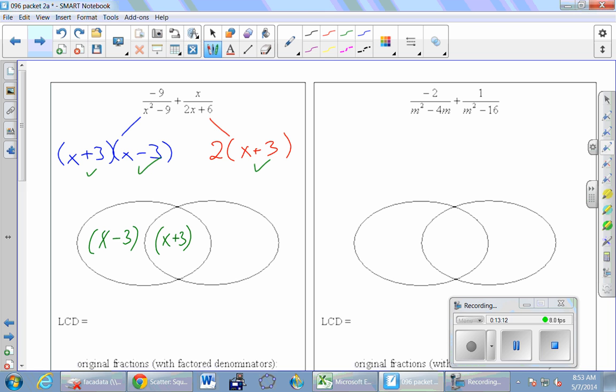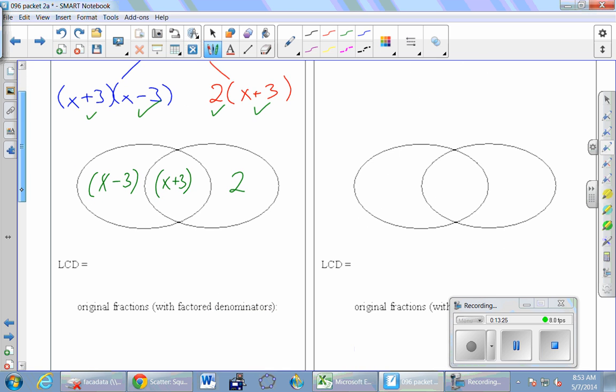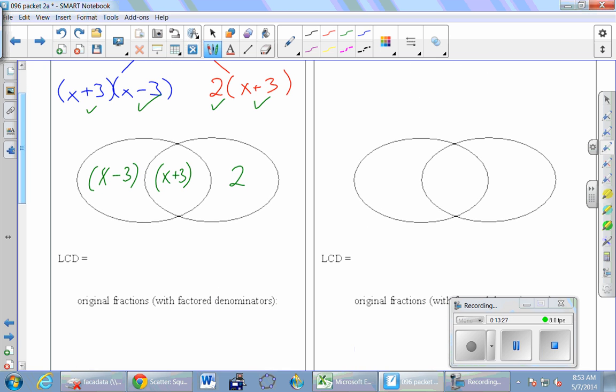Last thing we see is a 2, left, middle, or right. It's going to go on the right. So the LCD is just the product of those things written out just the way it looks.